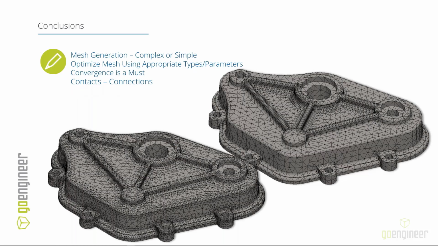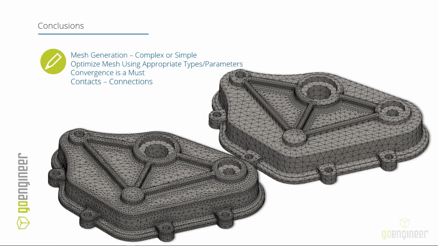So in conclusion, mesh generation can be as complex or as simple as you want it to be. My recommendation is to use appropriate mesh control and appropriate parameters, standard, curvature and blended curvature, to optimize your mesh as much as possible, especially if you want to use a hybrid mesh with the draft quality and the high quality aspects of it. In any FEA, no matter what, convergence is a must.